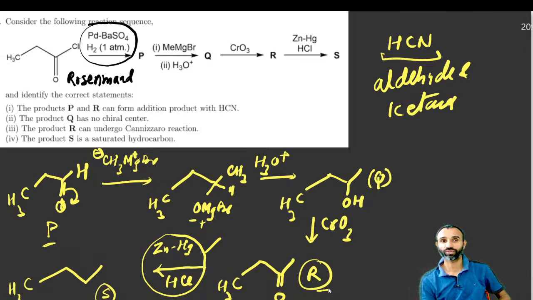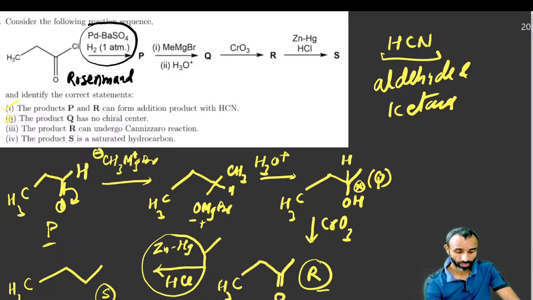Both can react with HCN. That means first option is correct. Product Q has no chiral center. So see, in product Q, this is chiral center. So that means second is incorrect.